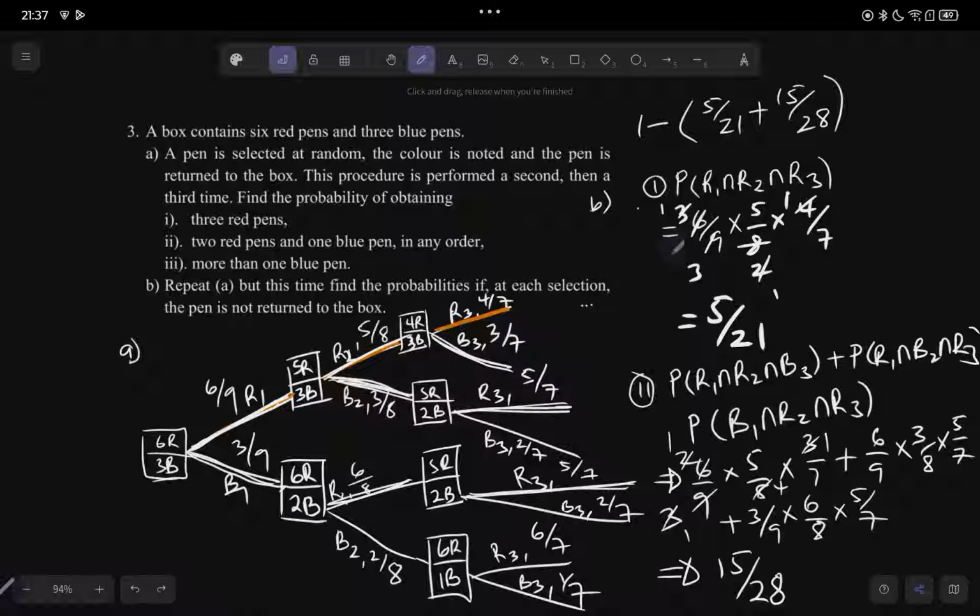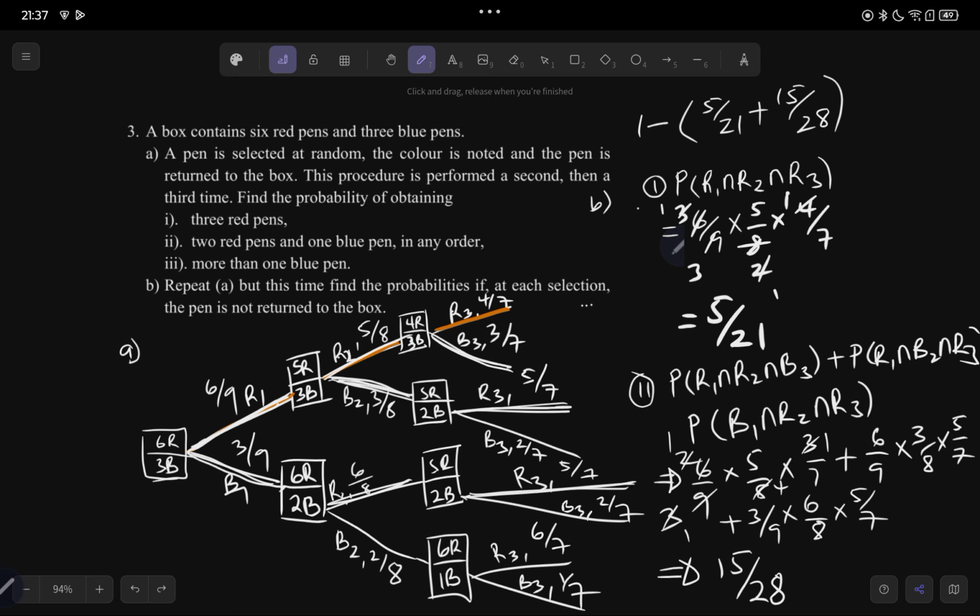1 minus 5 out of 28. I'm trying to put on my calculator, which is beside me here. Then 15 out of 28. And it is giving me the answer as 2 of 7.